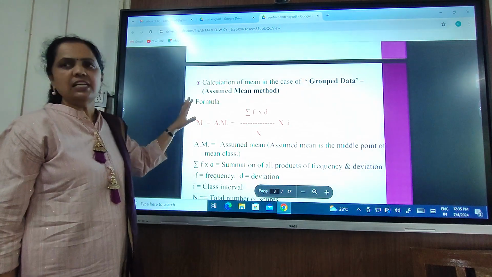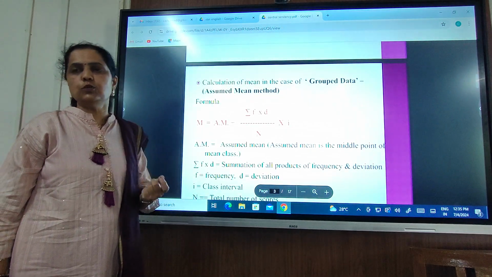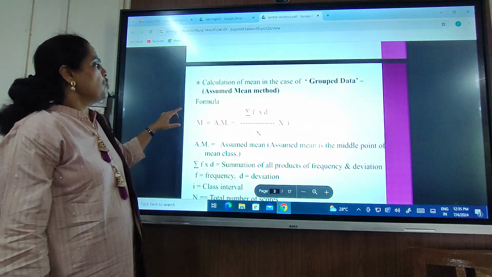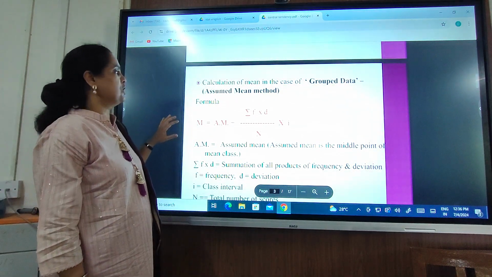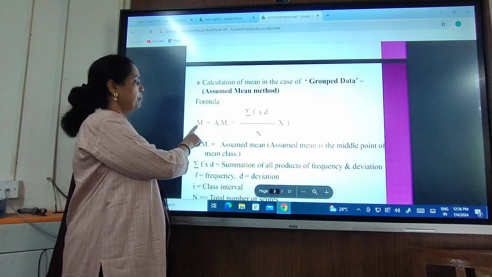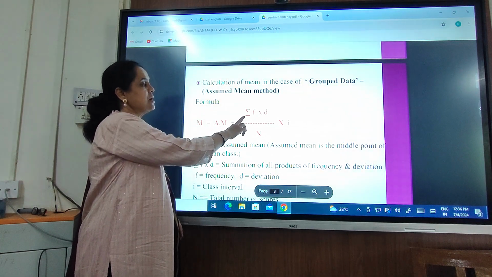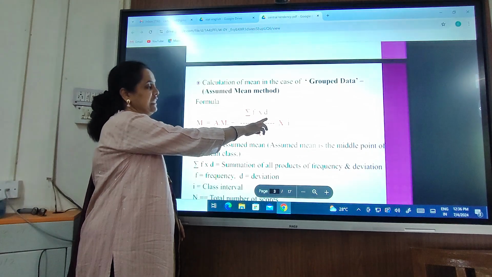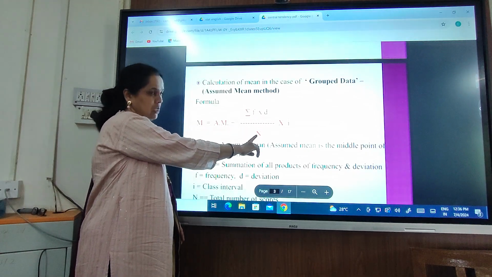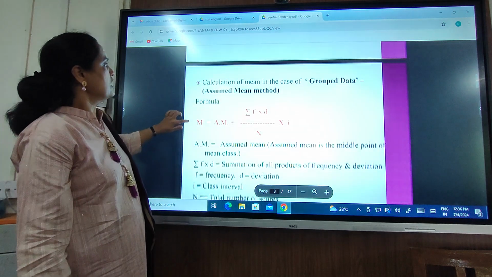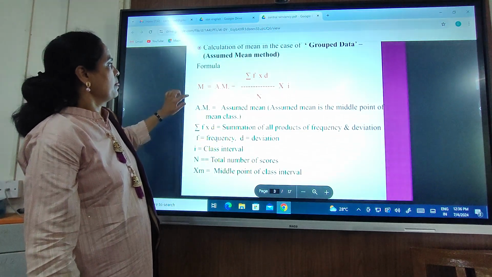The name indicates that we have to assume one score as a mean. So the formula for this calculation is mean is equal to AM plus summation of F into D divided by N into I. Let us see what is the meaning of this.